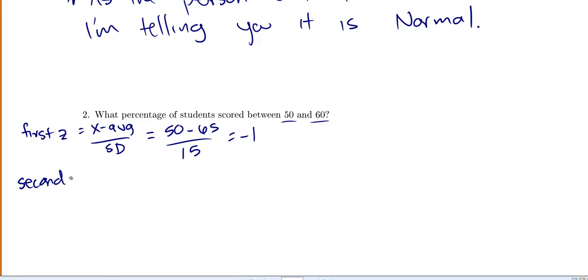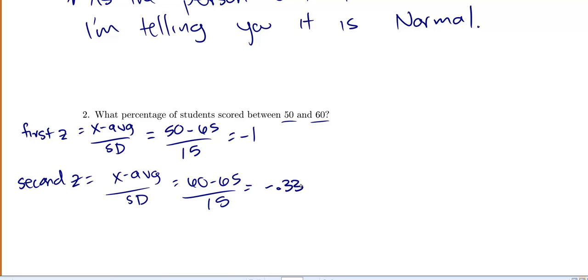For my second z, it's again x minus the average divided by the standard deviation. So 60 minus 65 divided by 15 gives me -0.33. And I'm going to have to round that to use my table. Let's round that to -0.35.